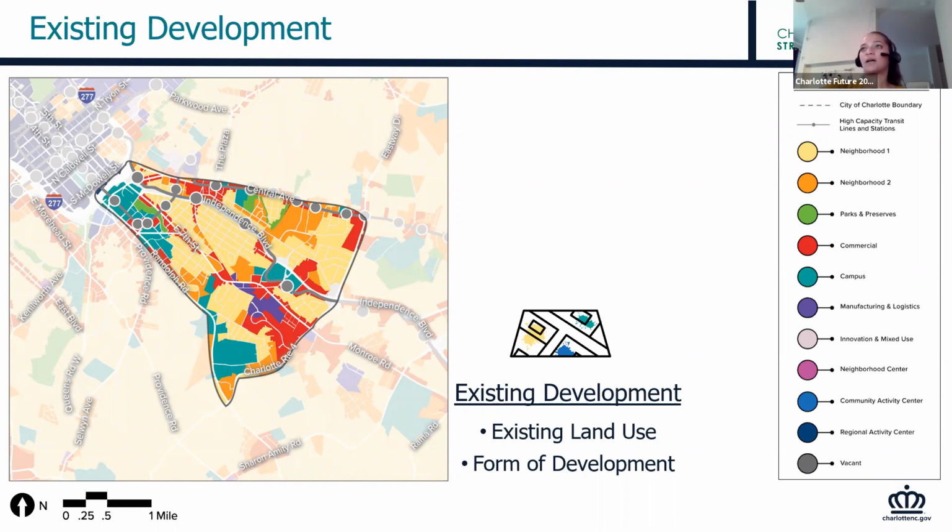Some campus, which is that teal color. There's the CPCC campus towards McDowell Street, and then your Atrium Health just south of that. And there's a good portion of the commercial as well along East 7th and up towards Independence.